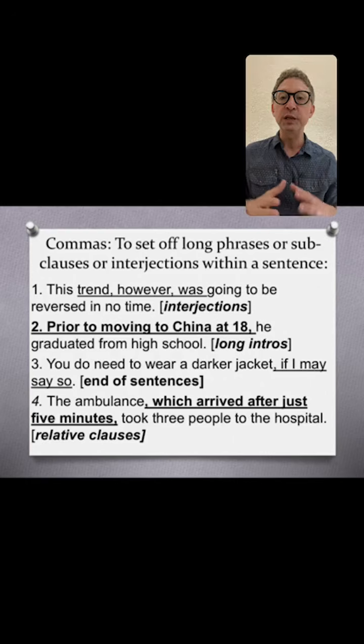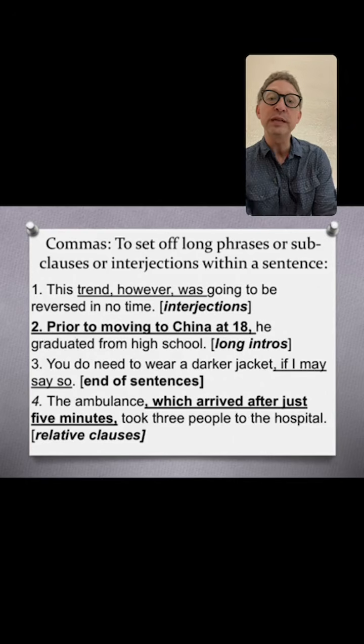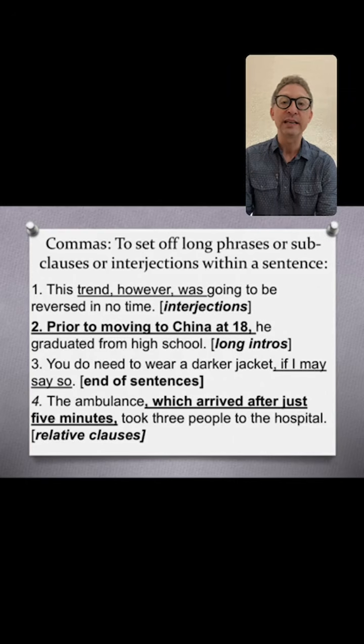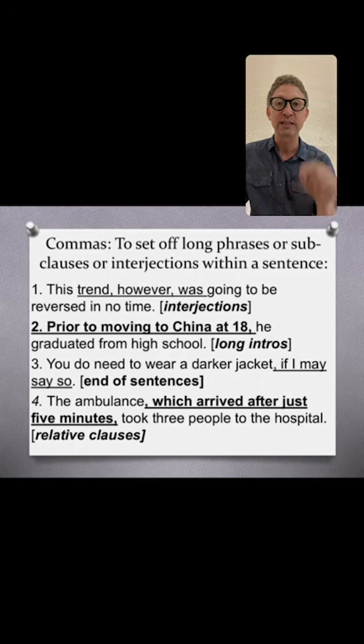"You do need to wear a darker jacket, if I may say so." So here we have at the end of a sentence this extra if clause. It's not the complete sentence, it's just extra information. So the complete sentence is, you do need to wear a darker jacket.